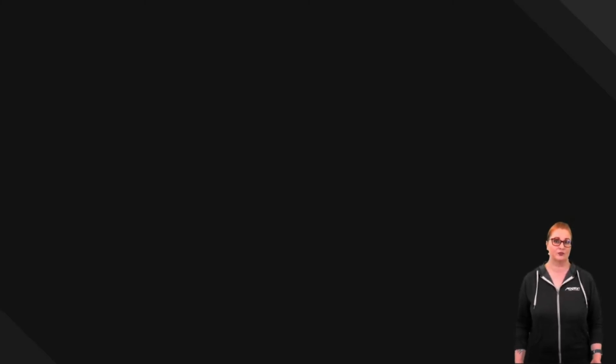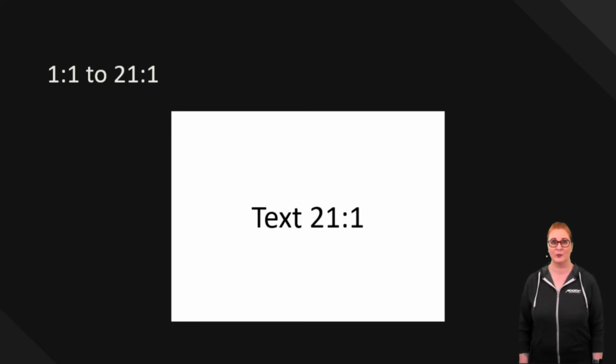So what is contrast really? Web Content Accessibility Guidelines, or WCAG 2, has great content on this if you want to really read up on this. But it's a way to measure the perceived difference in luminance, or brightness, between two colors.